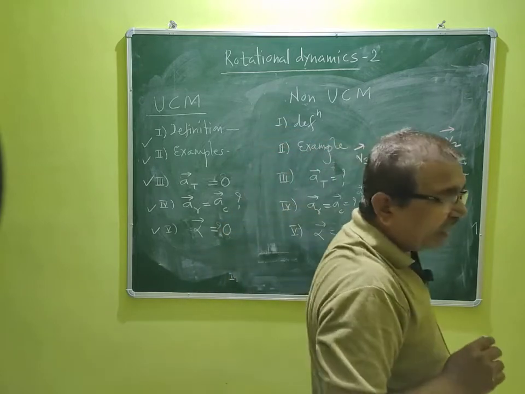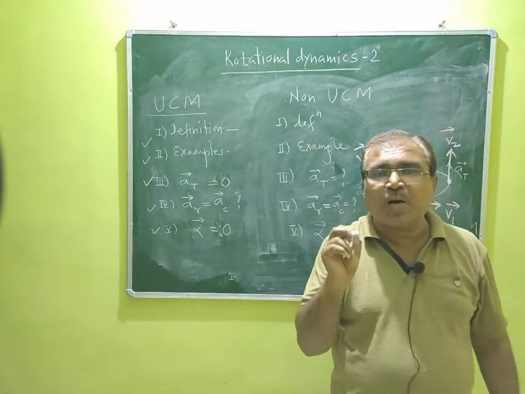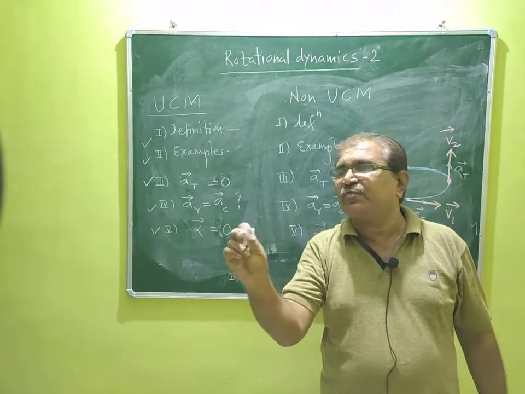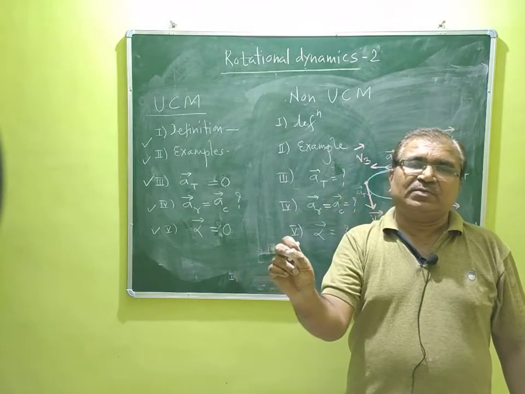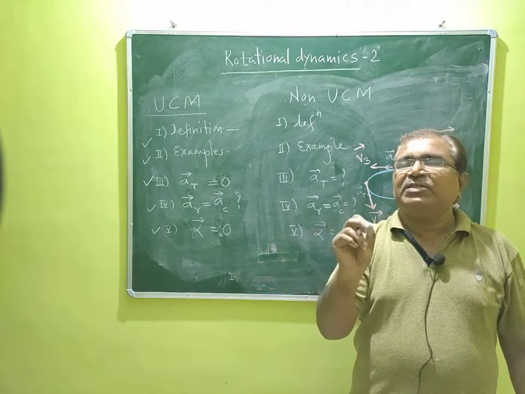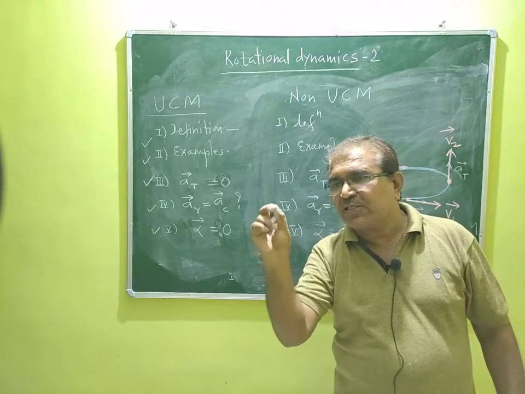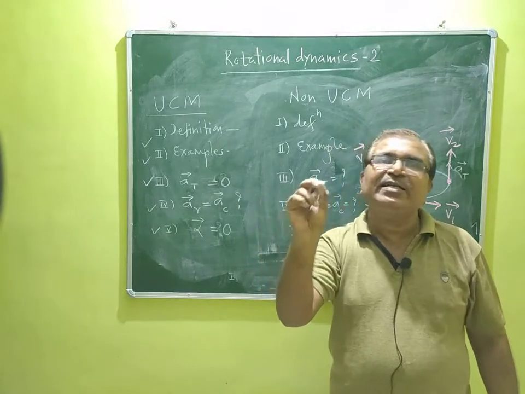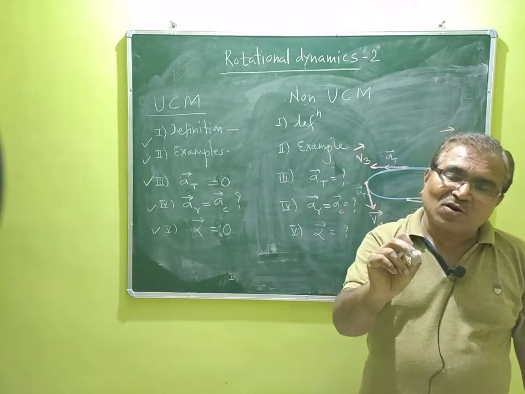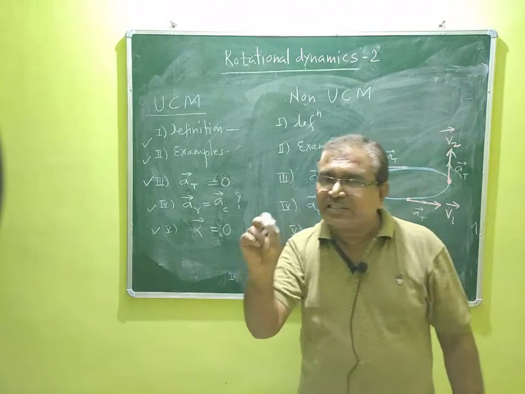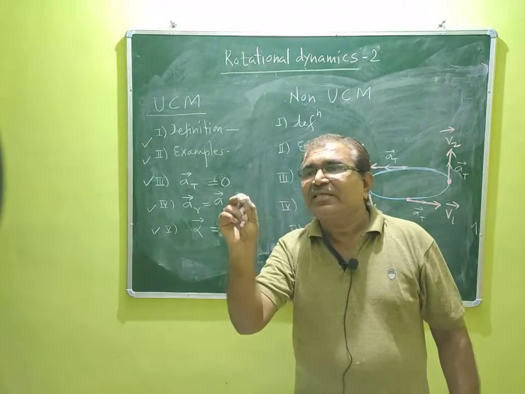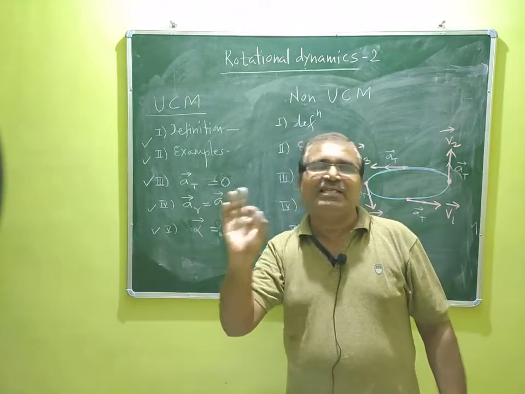Tangential acceleration depends upon the magnitude of linear velocity, or the best way we can say is that tangential acceleration depends on the change in magnitude of linear velocity, or change in linear speed.